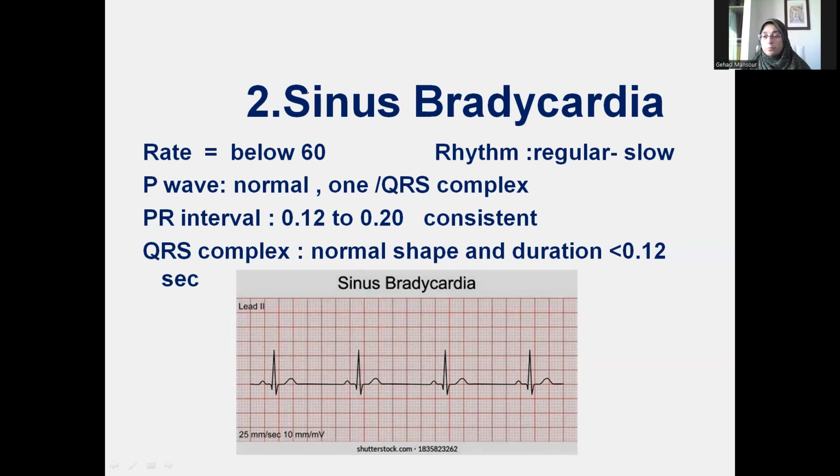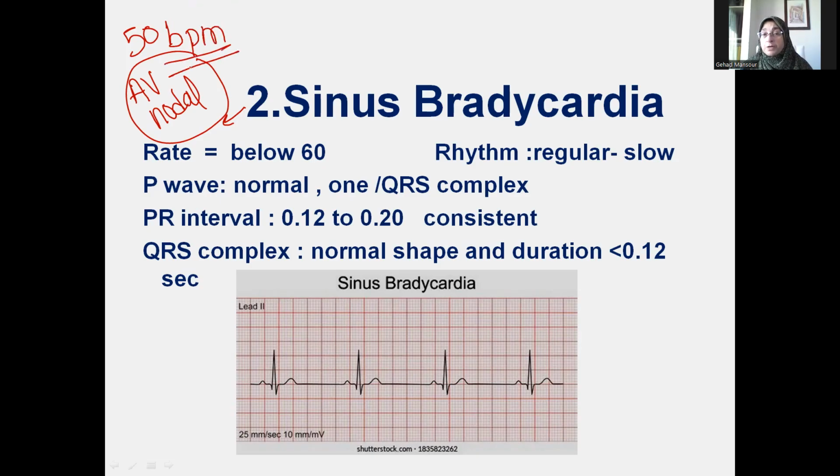Why is this important? Because sometimes you might be confused between sinus bradycardia and an AV nodal rhythm. For example, the AV nodal rhythm might be 50, because the intrinsic rate of the AV node is between 40 and 60. So if you find that the rate is 50 beats per minute, don't rush to the conclusion that this ECG strip is a sinus bradycardia.